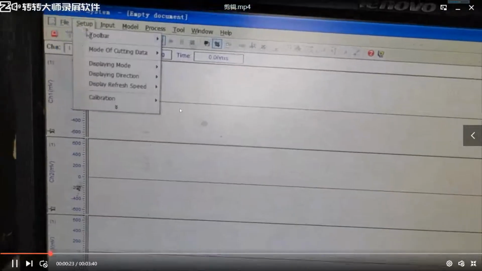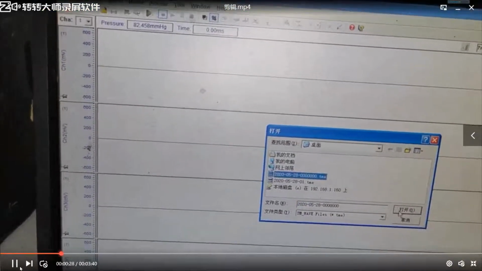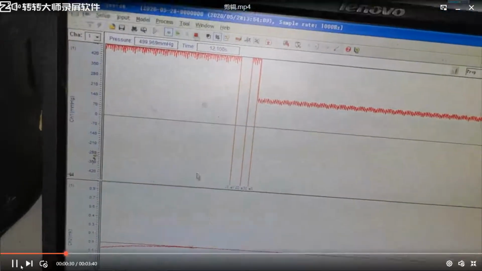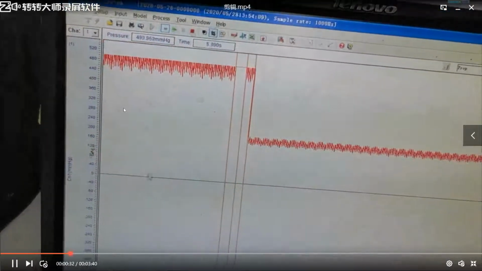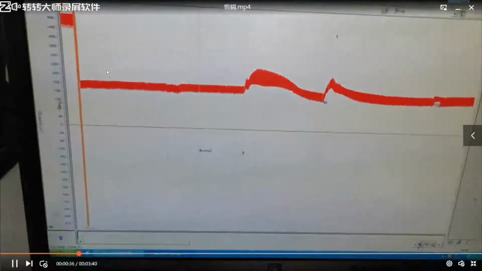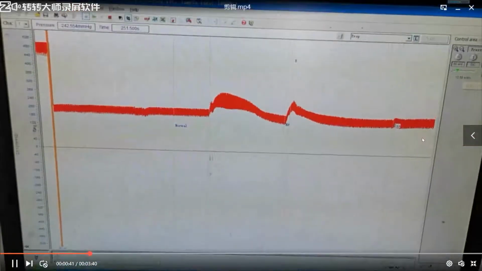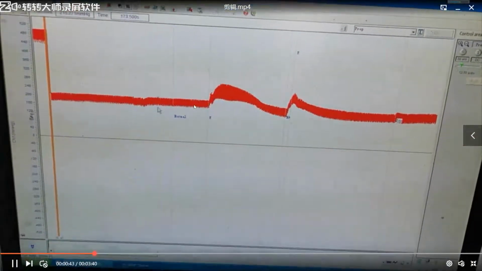Stop the computer, and don't forget to save the document and find your document in this system.